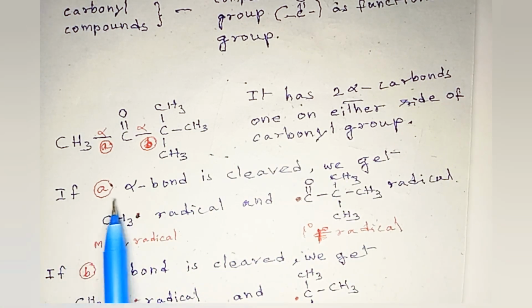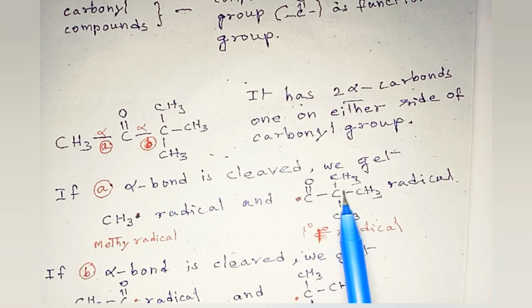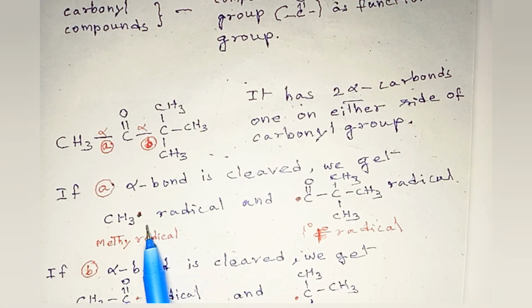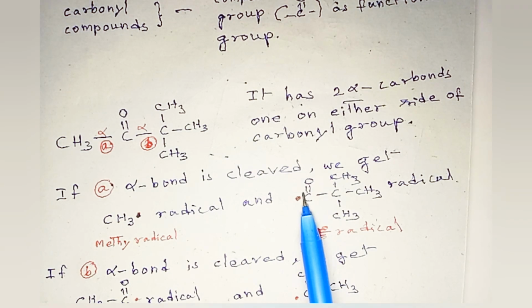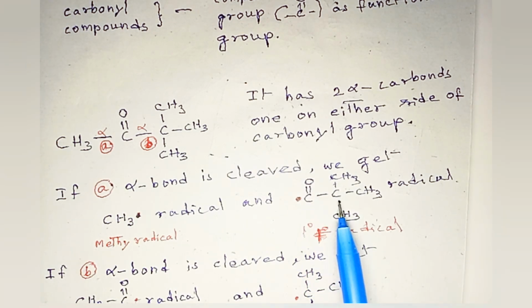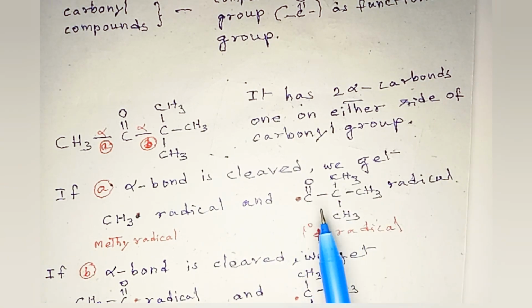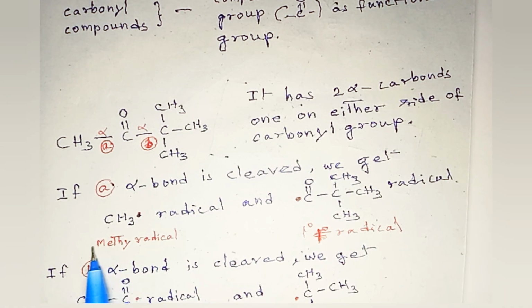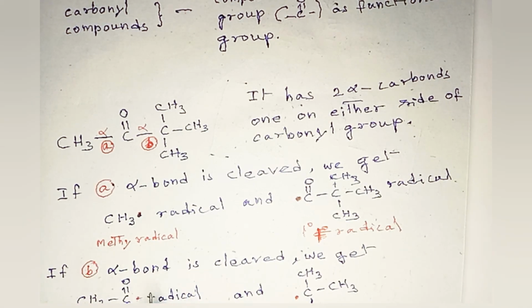If A alpha bond is cleaved, we get CH3 radical and C double bond O, CH3, CH3, CH3 radical, which is a primary radical, and this is a methyl radical.